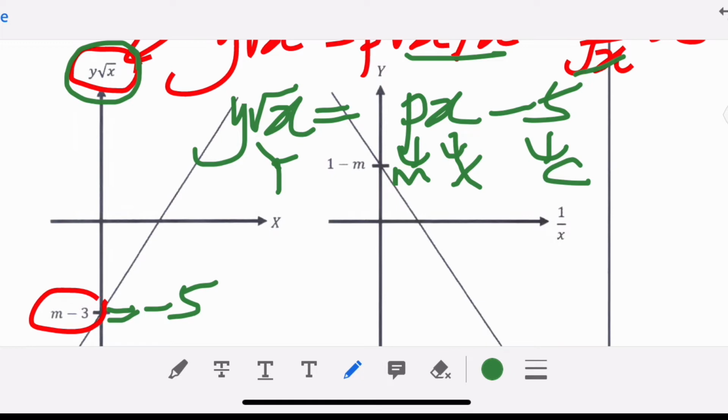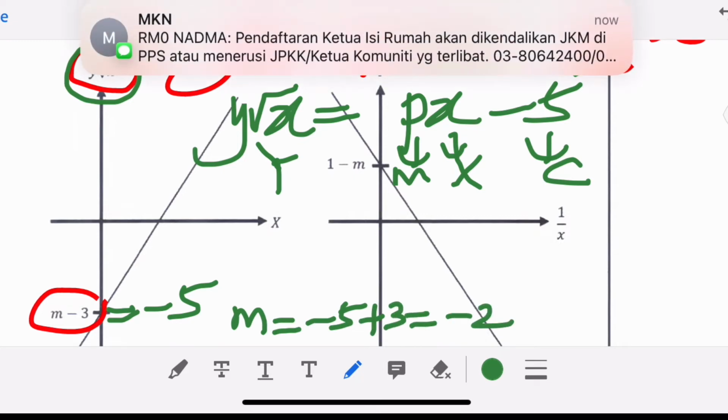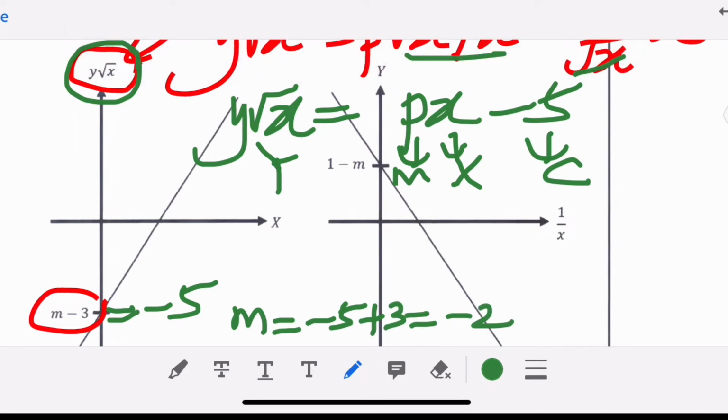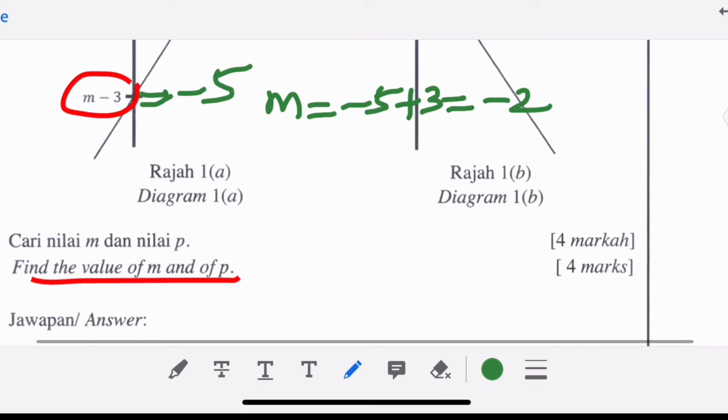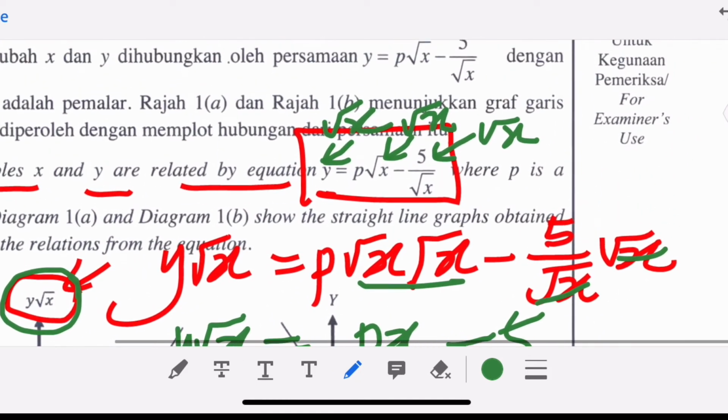Hence we can solve M. M will be equal to -5 plus 3, which is -2. So with M as -2, we want to solve the value of P. Let's go to the equation.